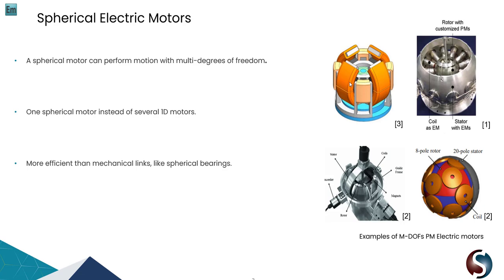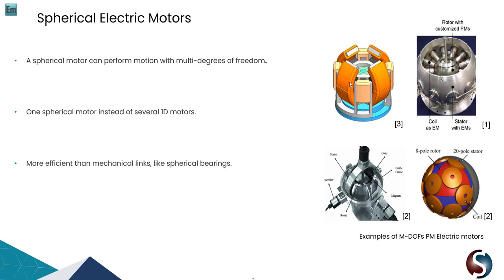But how would people do it if they need a complicated motion? Traditionally, people use many 1D motors.